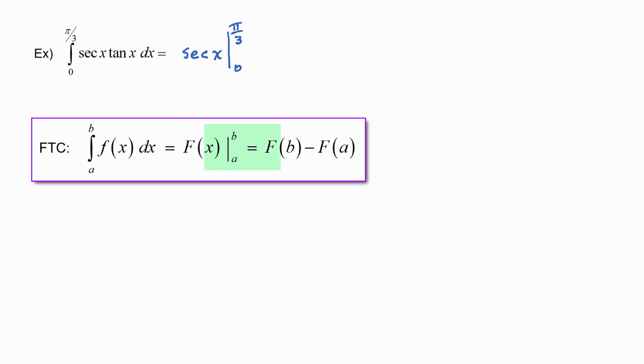So that means the second part of the fundamental theorem, F at b minus F at a, becomes secant of pi over 3 minus secant of 0.